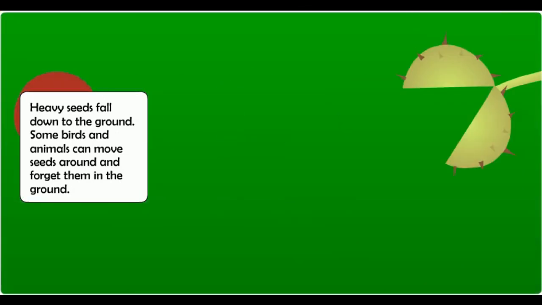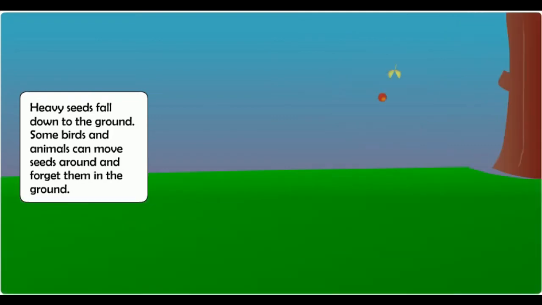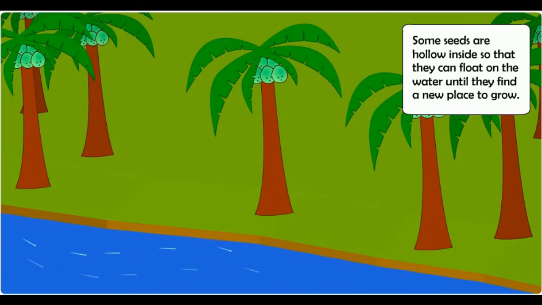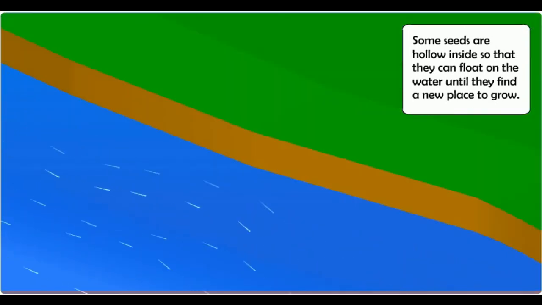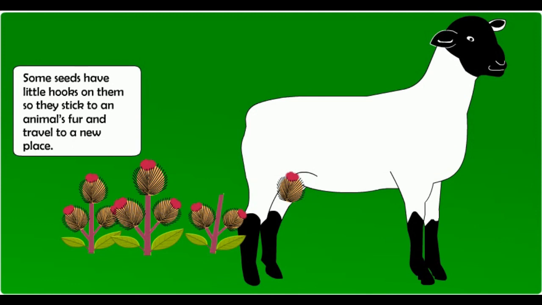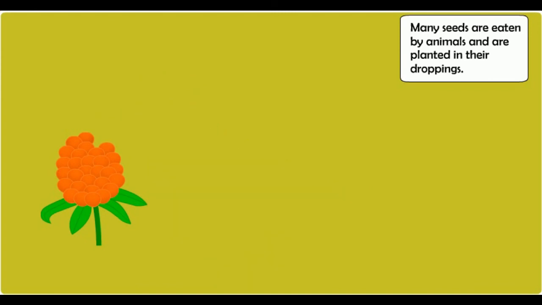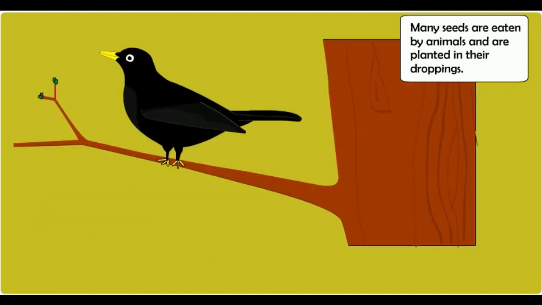Some birds and animals can move seeds around and forget them in the ground. 4. Some seeds are hollow inside so that they can float on the water until they find a new place to grow. 5. Some seeds have little hooks on them so they stick to an animal's fur and travel to a new place. 6. Many seeds are eaten by animals and are planted in their droppings.